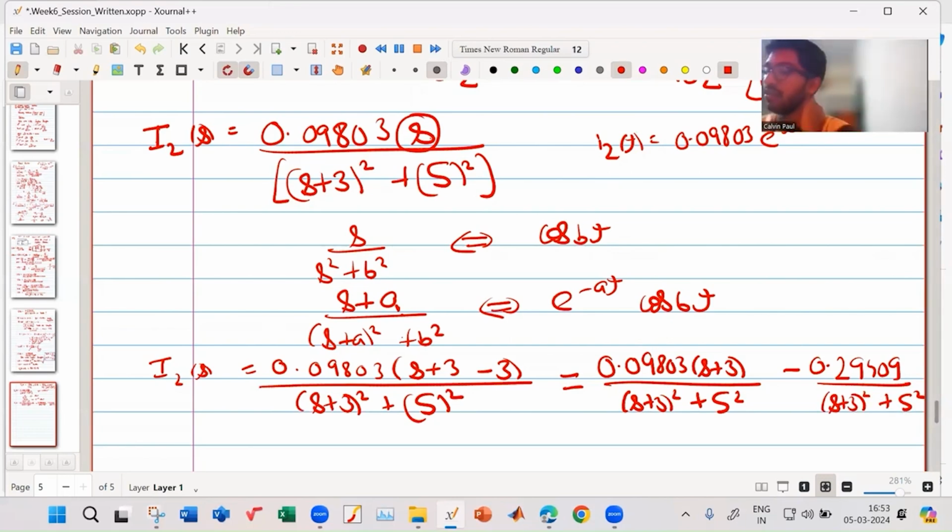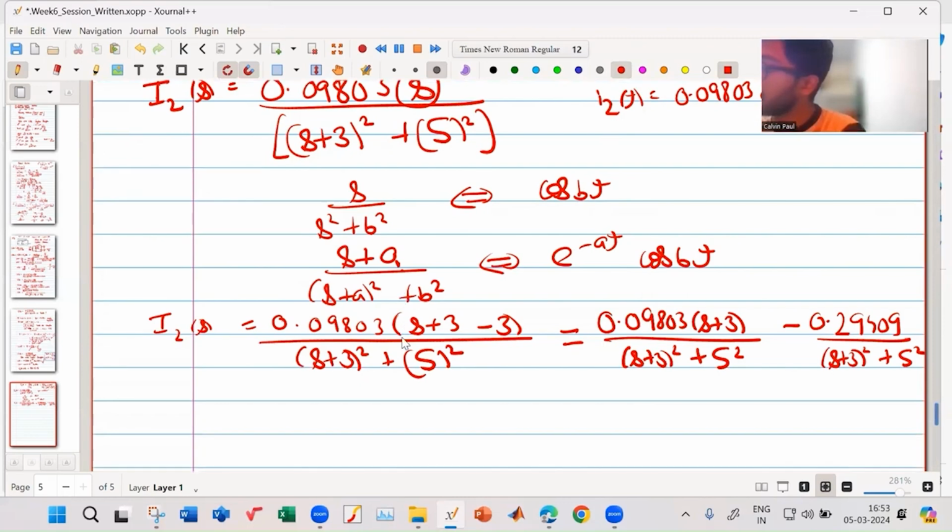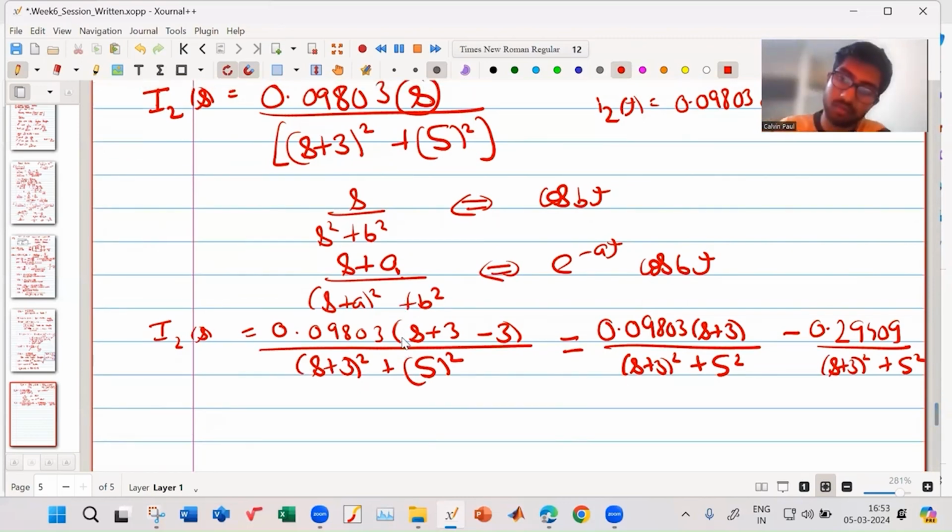Okay. So can you take the inverse Laplace transform of this now? Yes, sir. So what is the inverse Laplace transform of this? What is I2 of t?